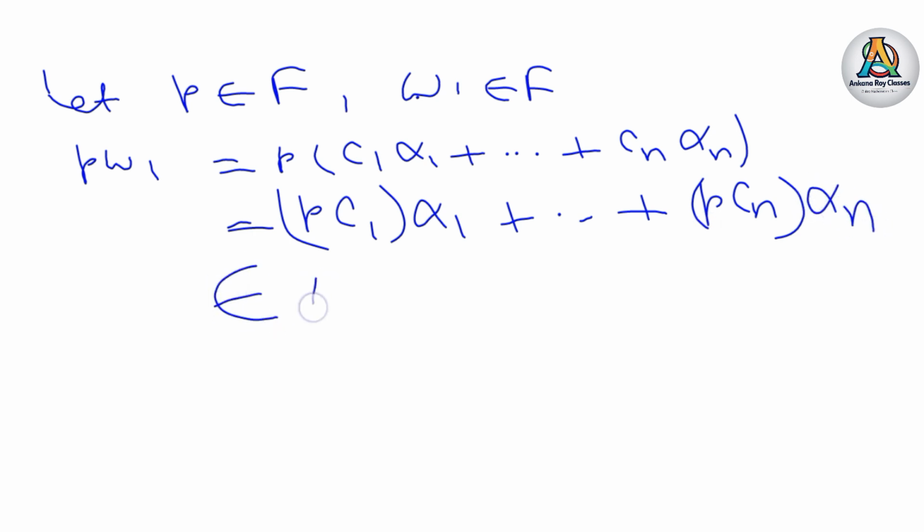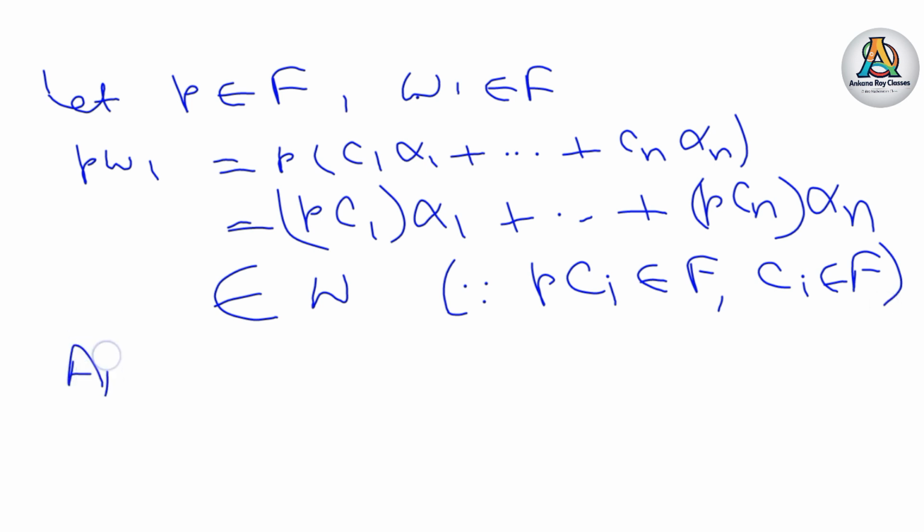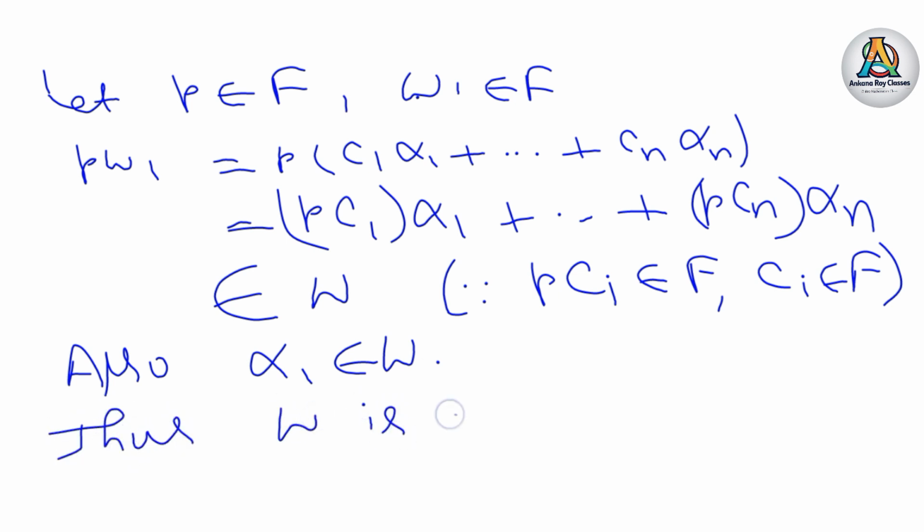This belongs to W, since P times Ci obviously belongs to the field F, where each Ci belongs to F. Also, alpha 1 belongs to W always. So W is non-empty. Thus, W is a subspace of V.